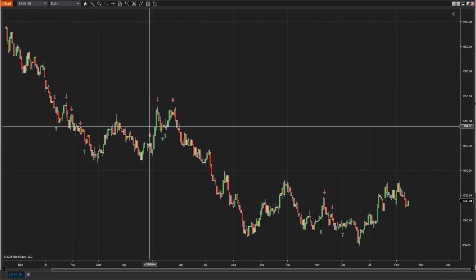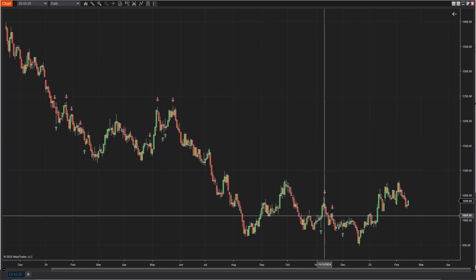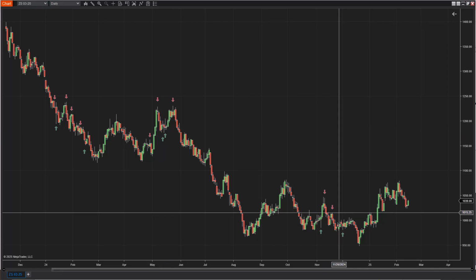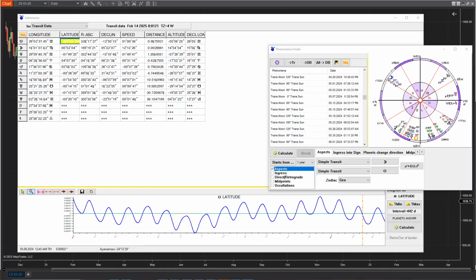Next I did the last one in April through May. Then I plotted out November of 2024. In April, we've got the low shown here on the 29th, and our aspect is on the 28th.